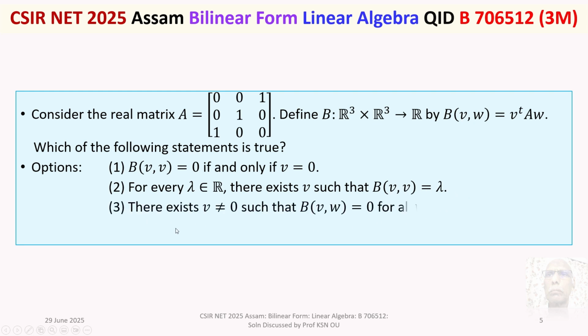Option 3, there exists a non-zero vector V of R cube such that B of V comma W is 0 for all W belongs to R cube. Option 4, if B of V comma W is 0, then either V is 0 or W is equal to 0.